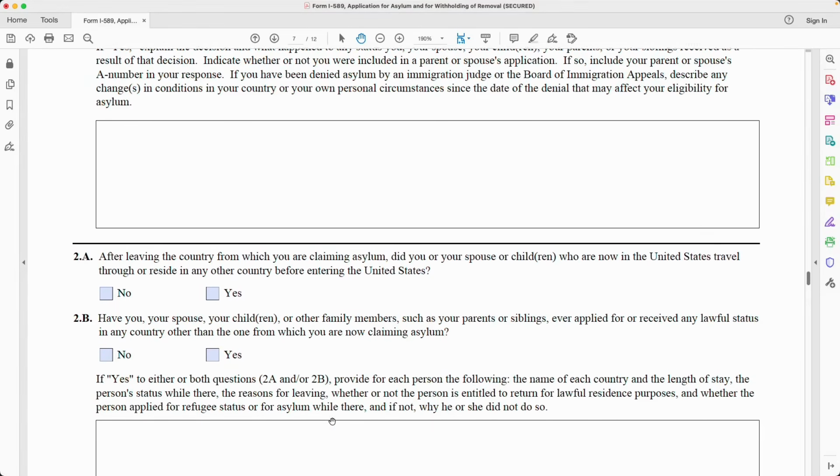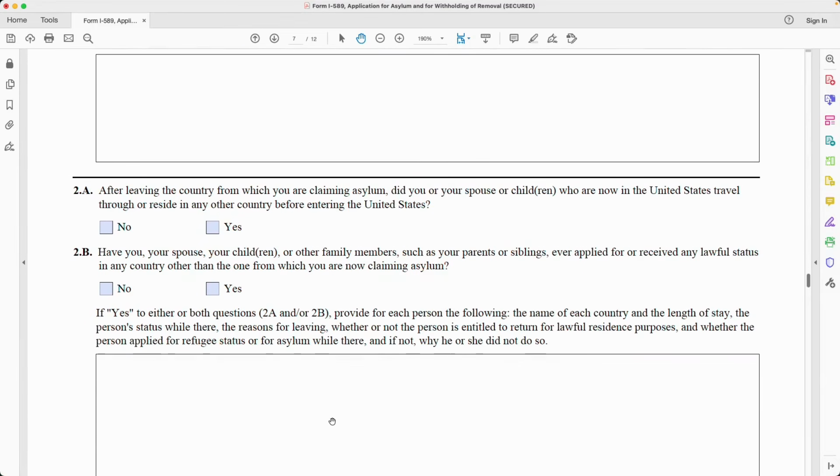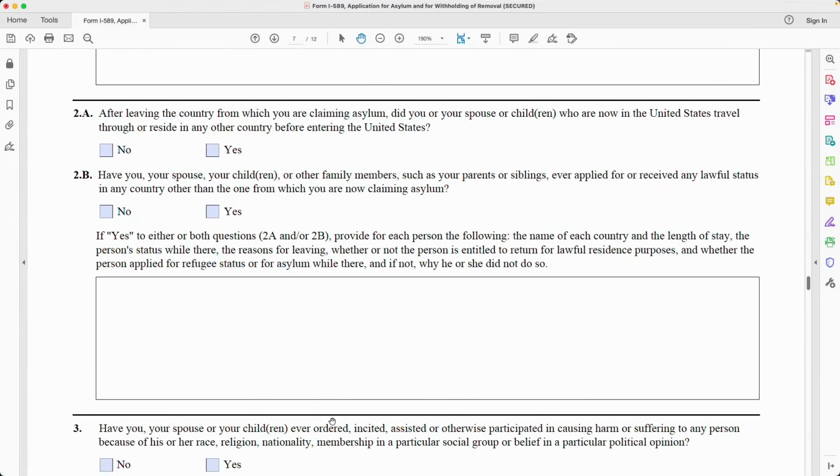Question 2A asks if you traveled through another country on your way to the United States. Question 2B asks if you or any family members have applied for or received lawful status in another country besides your country of origin.